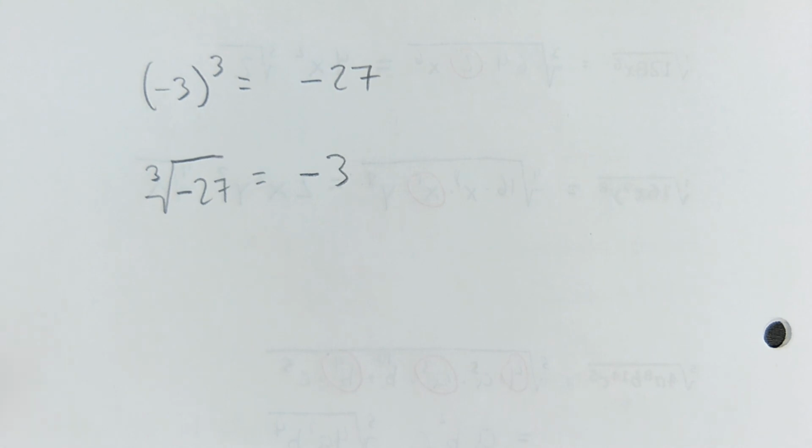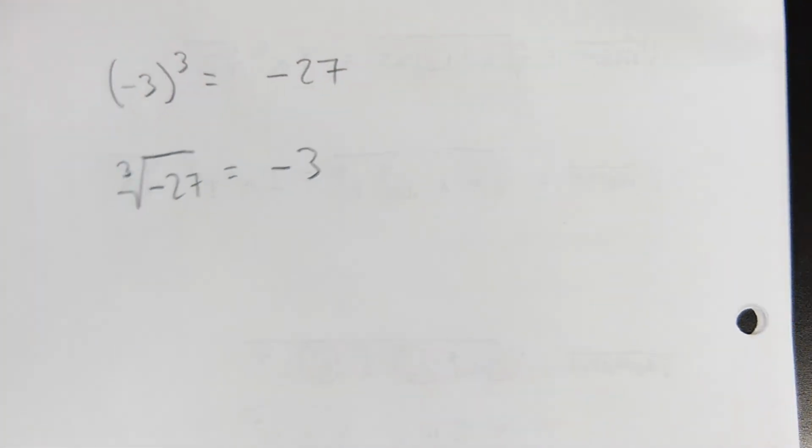Not i. i is only involved when you have to take the square root or the fourth root or the sixth root, basically even roots. When you have to take the even root of a negative number, you are dealing with an imaginary. You take the odd root of a negative number, it's just negative. Because an odd number of negatives will always give you a negative.